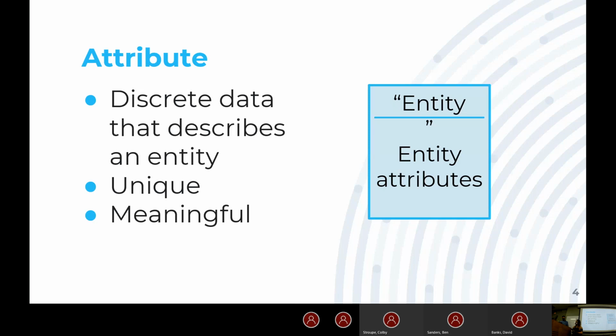An attribute is a discrete element of data. It is not usually broken down into smaller components. Attributes identify what you want to store inside the entity. Every attribute must be unique and meaningful to that entity. Every name must be unique. It can't match another name from another entity.